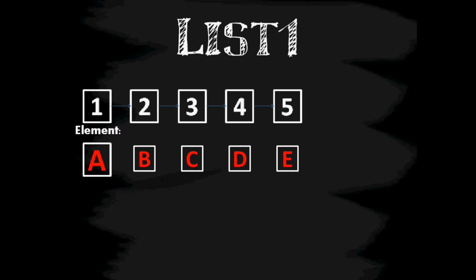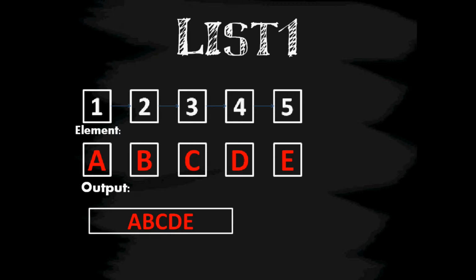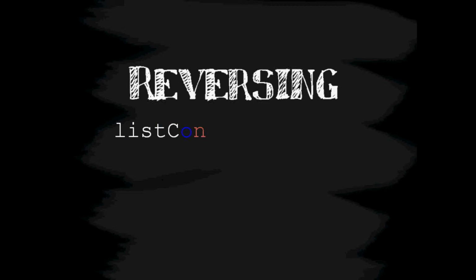If you enter again another character like character B, it will be the second element in your list, and so on until you enter character E. So the output of your program, if you output your list, would be like this: A, B, C, D, E.